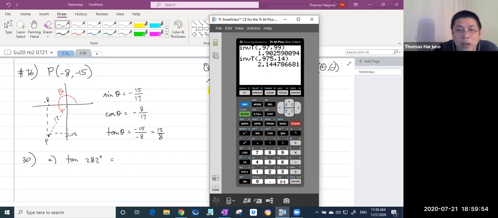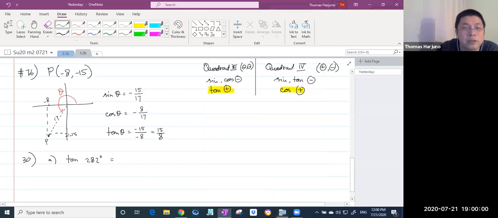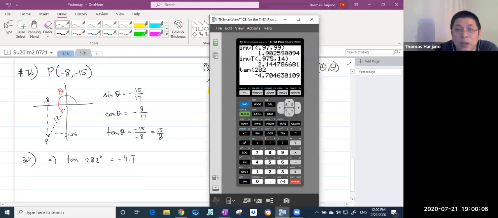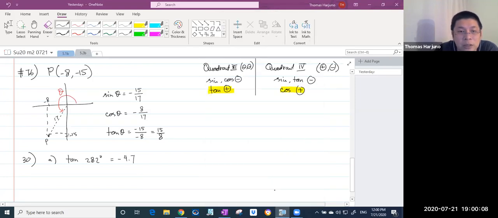Now then, tangent 282 degrees is -4.70463. Remember, always 5 decimal places.